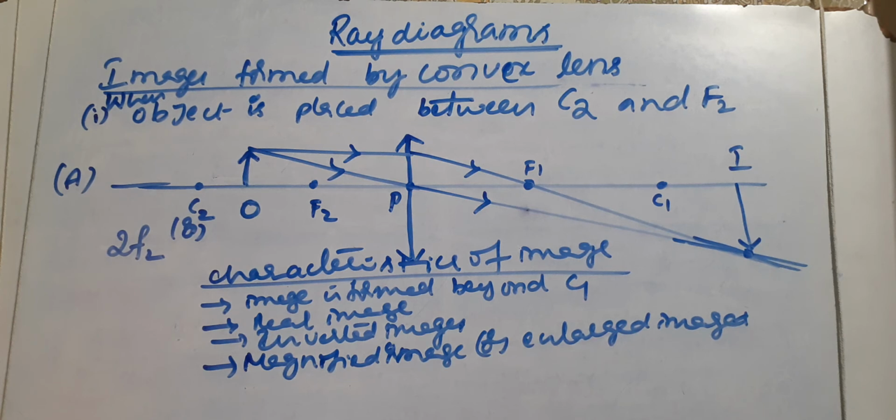The remaining ray diagrams, showing the formation of images by the convex lens in the remaining cases, and also one case of image formed by the concave lens, will be explained in the coming video, part 2. This is the video on ray diagrams of convex lens part 1. In the next video, ray diagrams part 2, the remaining ray diagrams will be explained soon, students. Thank you.